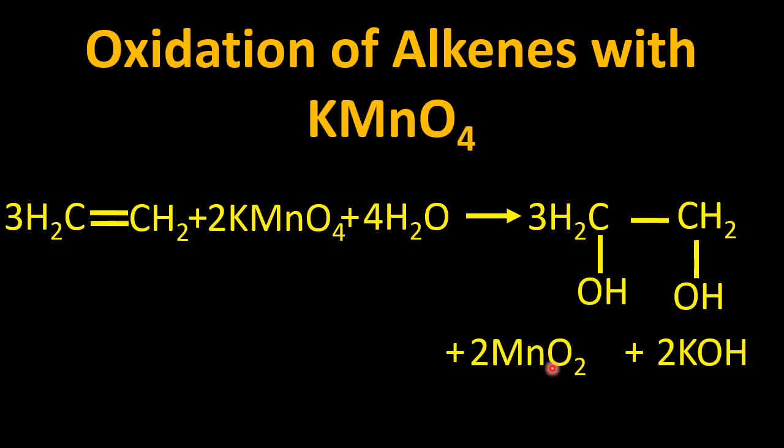Here we have 2 2s are 4. So 4 plus 6, 10. And these 2 oxygen atoms mean 12. So we have 12 oxygen atoms in the product as well. In this way, we balance the number of atoms in the reactants as well as in the products.